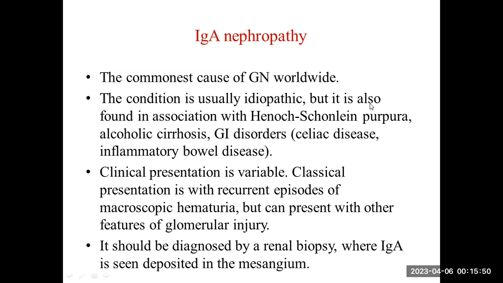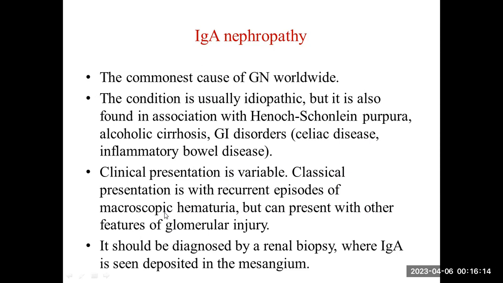But the classical, not the commonest, the classical presentation, especially in the exams, you have a young adult presenting with recurrent episodes of gross or macroscopic hematuria, which is visible to the naked eye. And this macroscopic hematuria is usually associated with an upper respiratory tract infection.